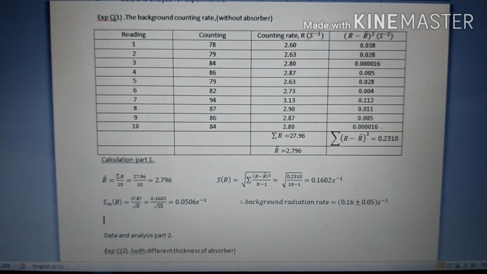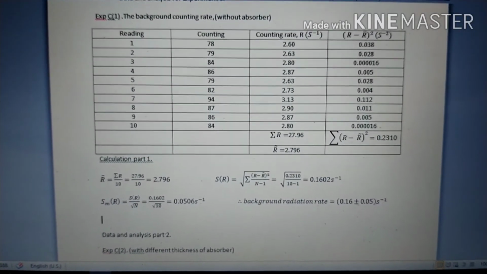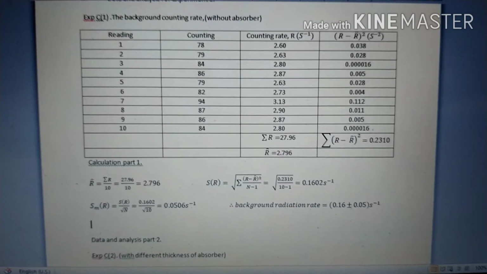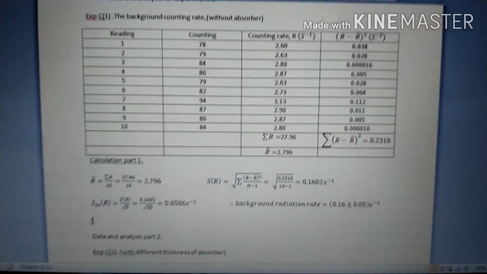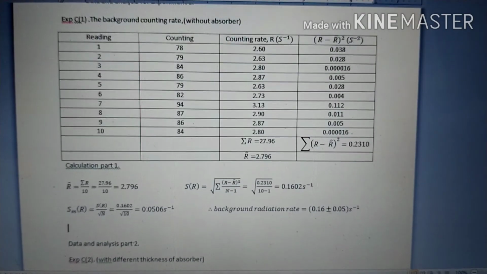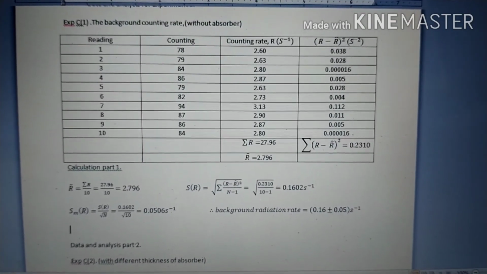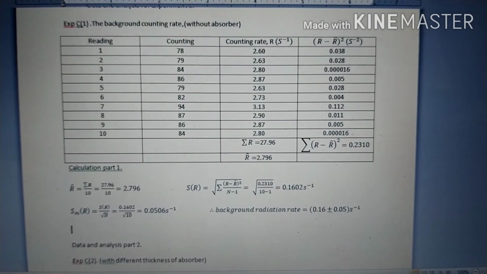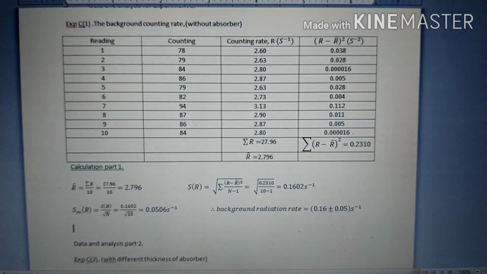Okay, here is the data and analysis for experiment C part 1, the background counting rate without the absorber. We have to find the background radiation rate without the absorber, without the aluminium.